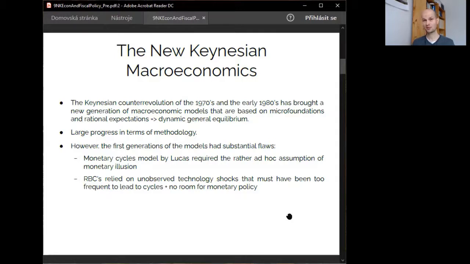Also, the policy implications of the real business cycles were not unanimously accepted. They were quite controversial because they left no room for monetary policy, and monetary policy was considered to be neutral in those models, which wasn't really in line with the experience of many economists with applied policy making, not only in the US but also elsewhere.